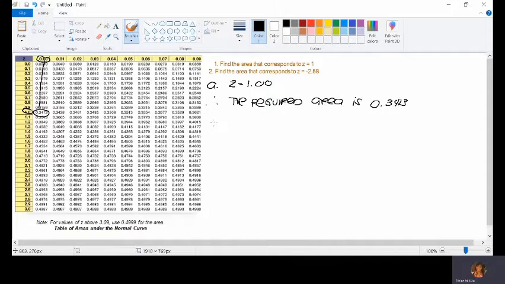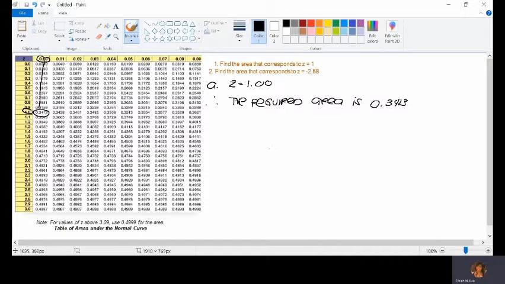Okay, for our example number 2, find the area that corresponds to z equals negative 2.58. In the same table, the area that corresponds to z equal to 2.58 is the same as the area that corresponds to z equal to negative 2.58. In the graph of this region, negative 2.58 is on the left side of the mean.